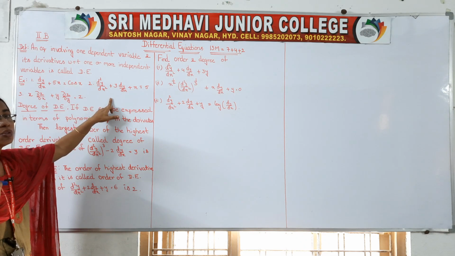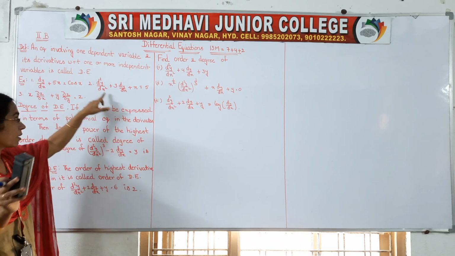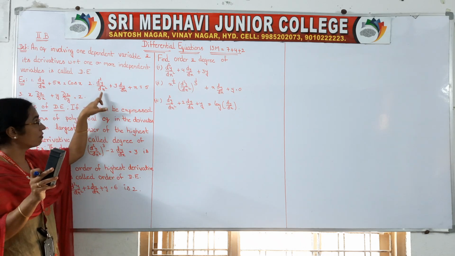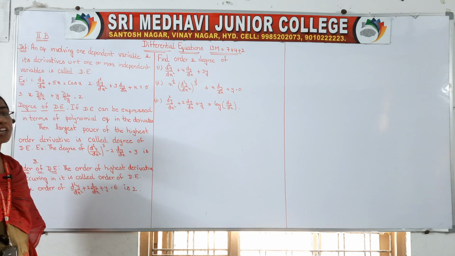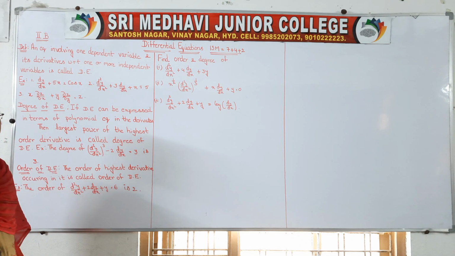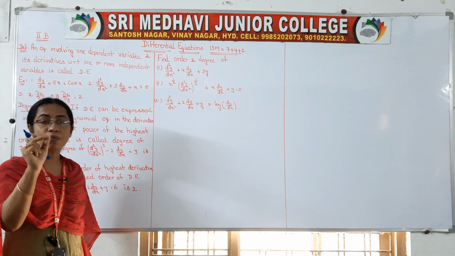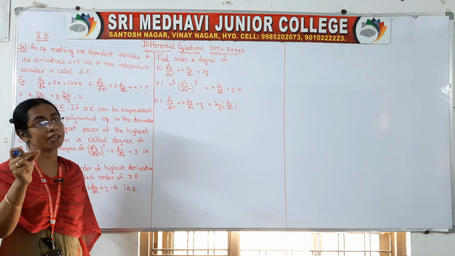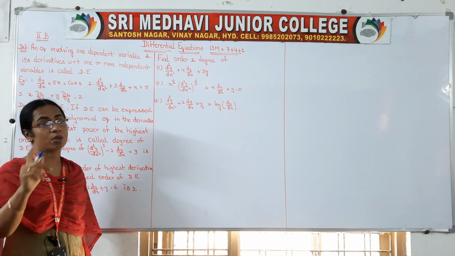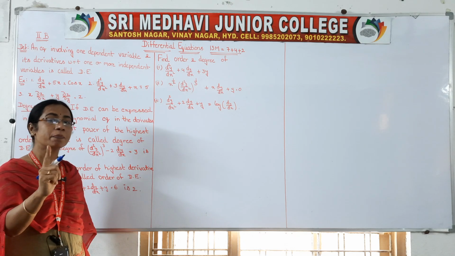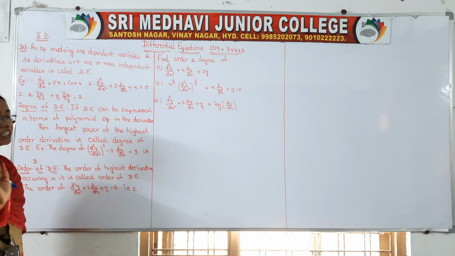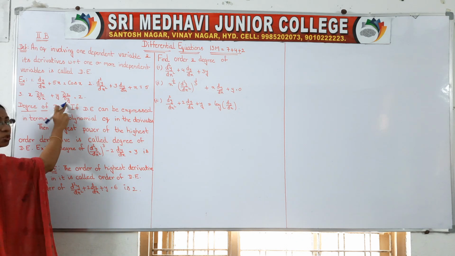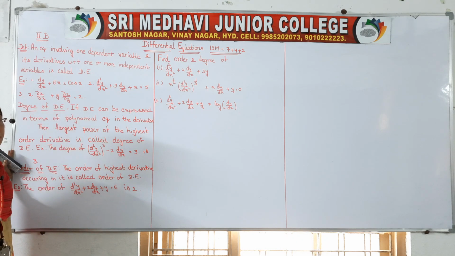Only with respect to one independent variable we take the derivatives, dy by dx, where y is the dependent variable and x is the independent variable. Then they are said to be ordinary differential equations. Suppose with respect to two independent variables, then they are said to be partial differential equations.